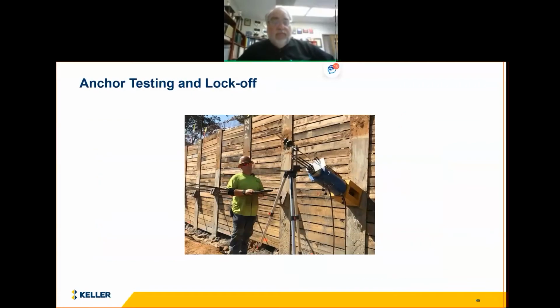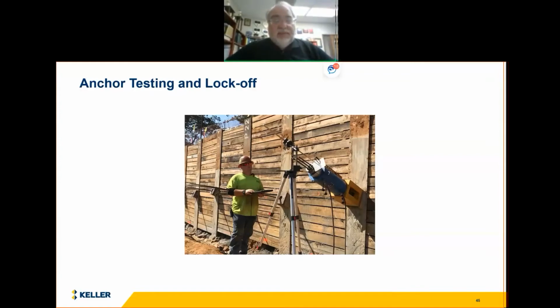Works very well. Here you see that in place, and we're actually physically stressing. We're pulling on the tieback anchor, the strand anchor, using a hydraulic jack. Every one is tested to make sure that it meets the specifications. So we pull on it. It's Hooke's law. It's delta equals PL over AE, and we check that.